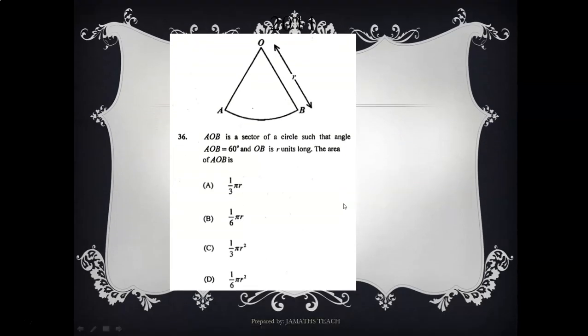Question 36. AOB is a sector of a circle. A sector of a circle is like a slice of the circle, right? Such that the angle AOB is 60 degrees. So that means here is 60 degrees. And OB is r units long. What is the area of AOB? The area of a sector of a circle is pi r squared times the angle over 360.